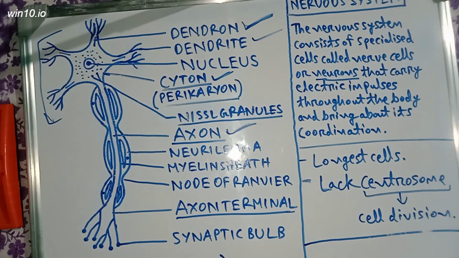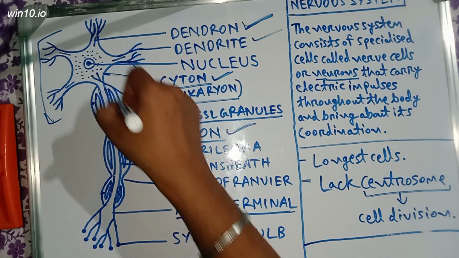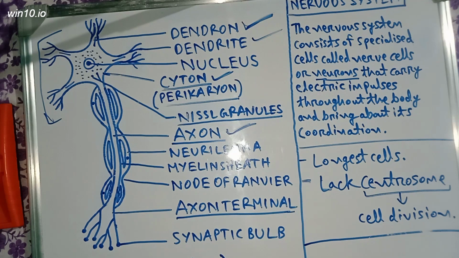This axon has an insulating covering over it. This insulating covering serves a similar purpose like the rubber insulation over copper wires that you see in your house. They prevent the current from leaking out of the wire.